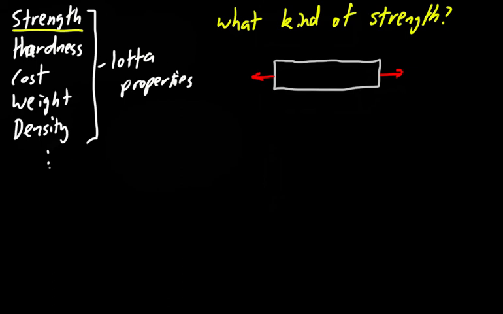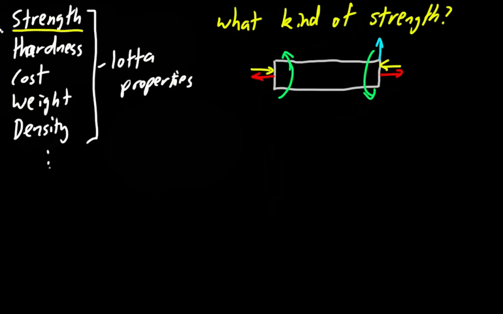There's the other way that I can apply force, which is the opposite direction, pushing everything together. Another way is twisting them. Some materials might be stronger this way, and other materials might be stronger if you kept one side fixed and slid them parallel, sliding over one another.